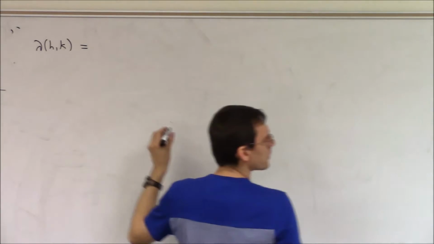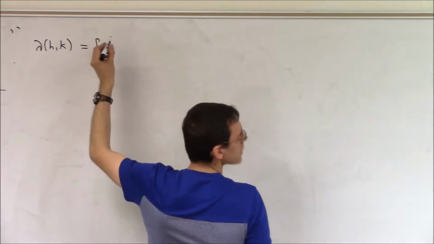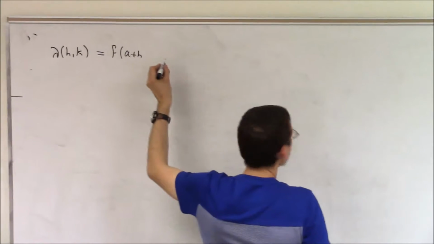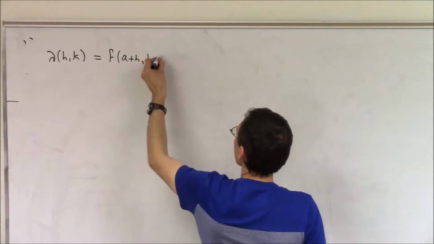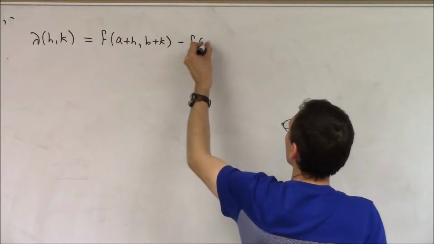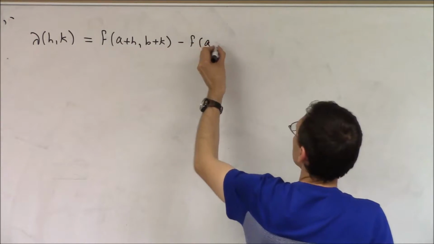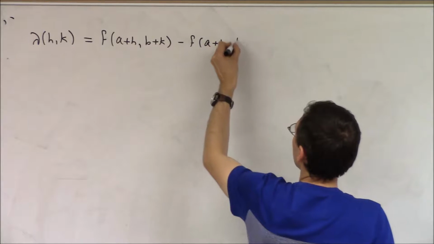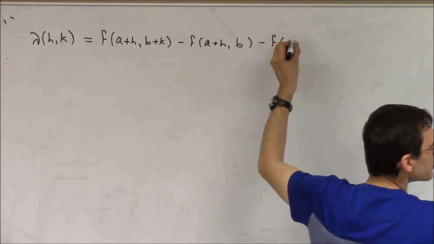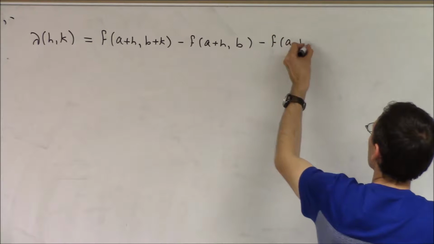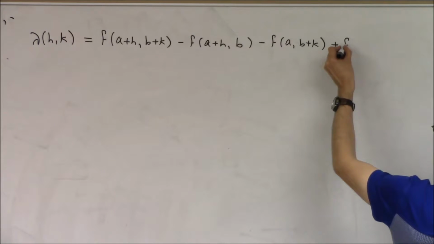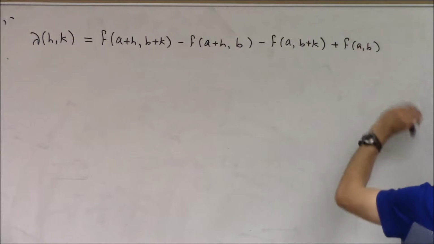So lambda of (h, k), and this I'll try to keep written, is f of (a plus h, b plus k), minus f of (a plus h, b), minus f of (a, b plus k), plus f of (a, b).